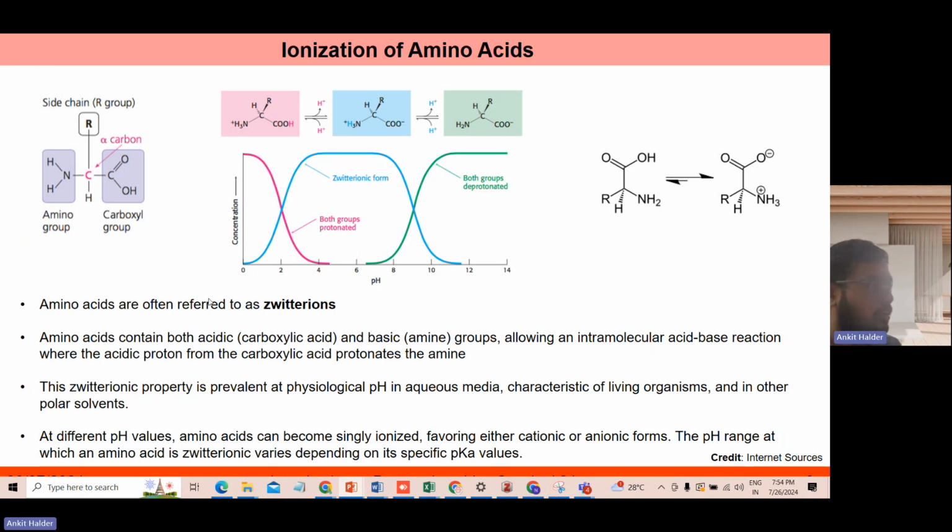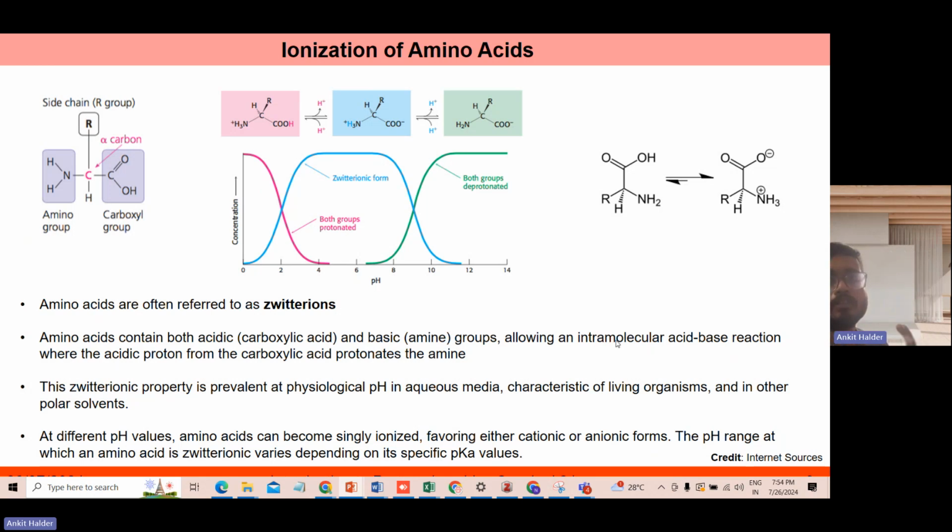So amino acids are often referred to as Zwitter ions, as they contain both acidic and basic groups that allow an intramolecular acid-base reaction. Intramolecular, not intermolecular, so please pay careful attention to the terms intra and inter. When it is inter, it is between two molecules. When it is intra, it is within the molecule.